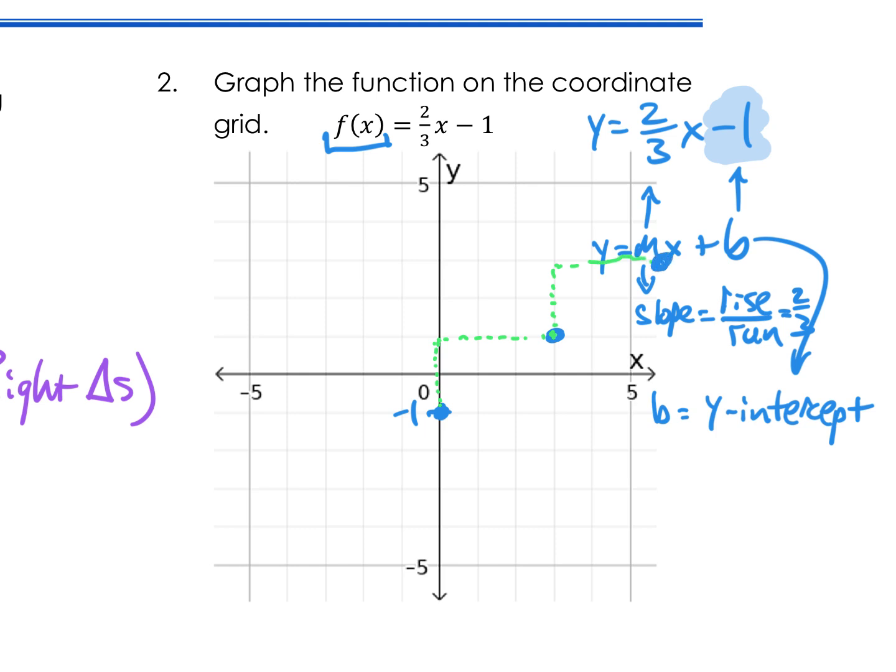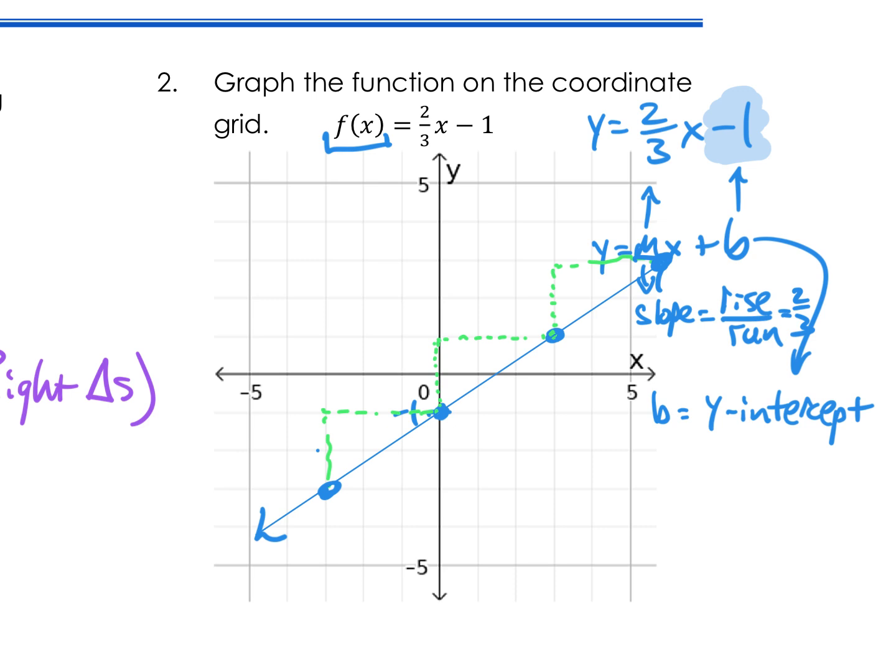And if we wanted to, we could go left 3 and down 2. That would find another point. So these are all points on the line, and we can draw the line. This line goes on forever, so it's best to go ahead and put arrows on the ends of it. And there's the graph of your line.